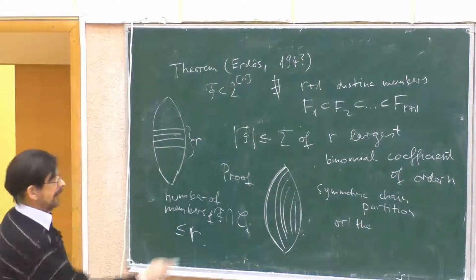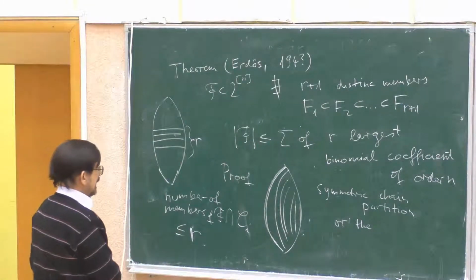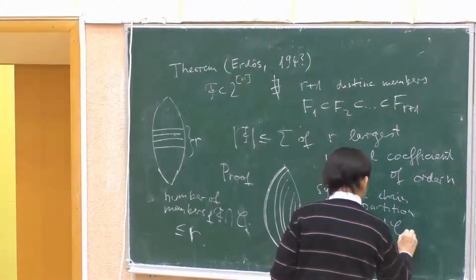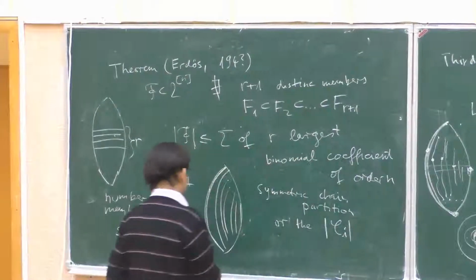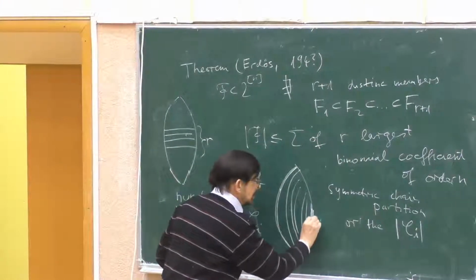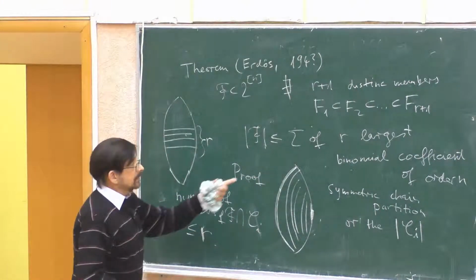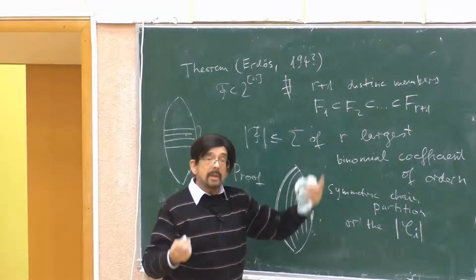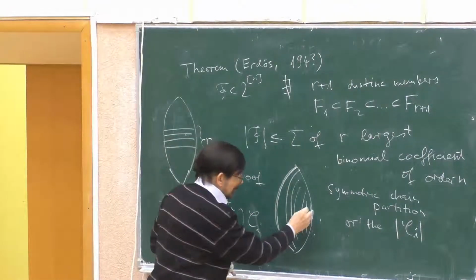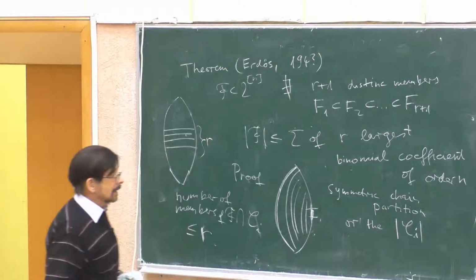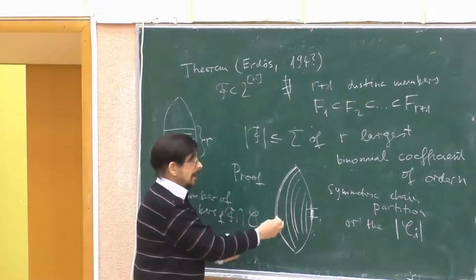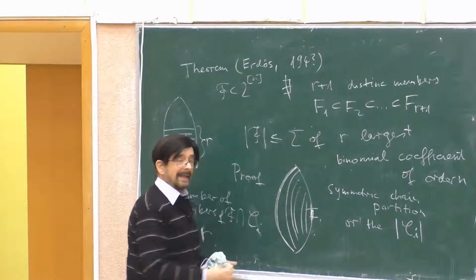Yeah, these were the chains, and the size of the chain matters, because if the chain is small, then the condition would allow us more members, but we cannot have more than this one. So small ones are full, and the big ones we have at most r.